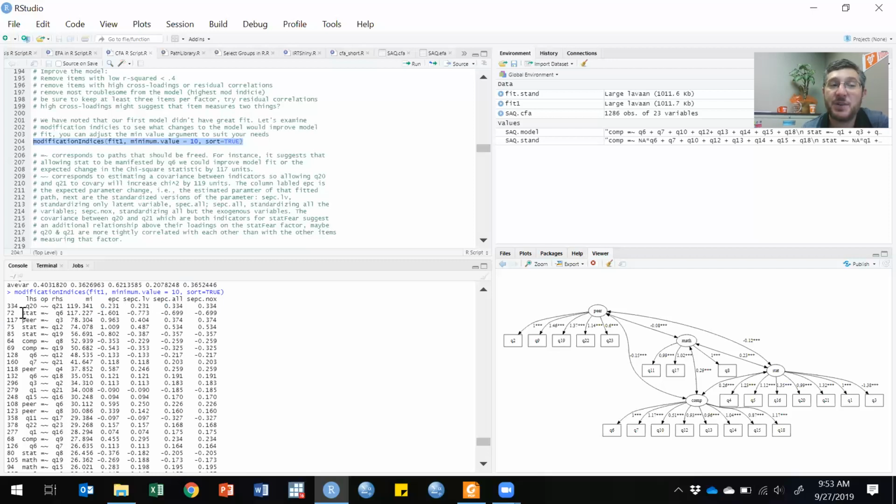You can see the next modification it suggests, remember, it's an equal sign and a tilde. So it's saying that statistics fear should also be defined by question 6. So we have to think, does that make theoretical sense?